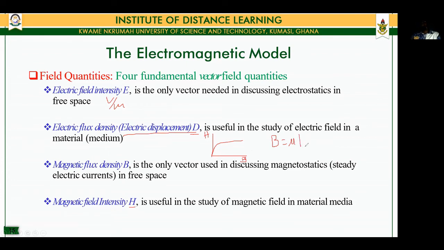B equals mu H. Similarly, there's a relationship between the electric flux density and the electric field intensity. Actually, D, which is the flux density, is given by epsilon times E, which is the electric field intensity. But we'll study this a bit later on in greater detail.